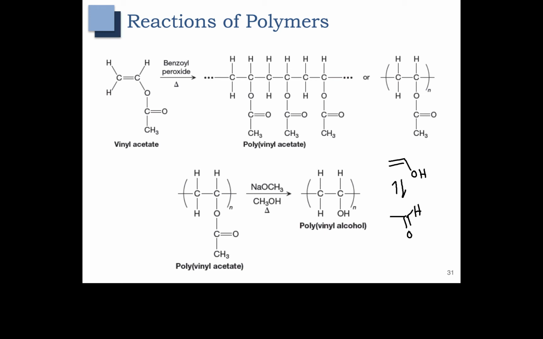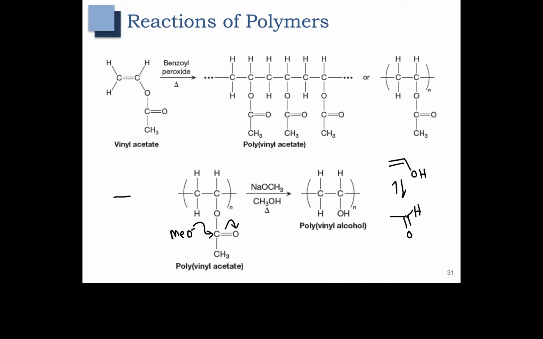Now the reaction of vinyl acetate to polyvinyl acetate, that's under a radical mechanism. Benzoyl peroxide would cleave at the oxygen-oxygen bond and then get a radical chain starting that would react with the alkene. And down here in our saponification reaction, methoxide is going to attack the carbonyl carbon and push electrons up onto the oxygen.